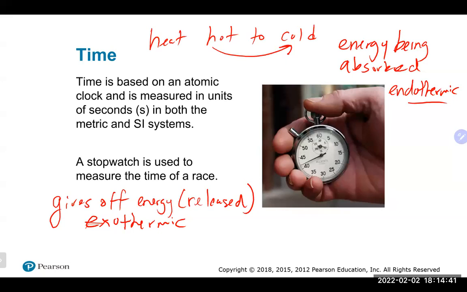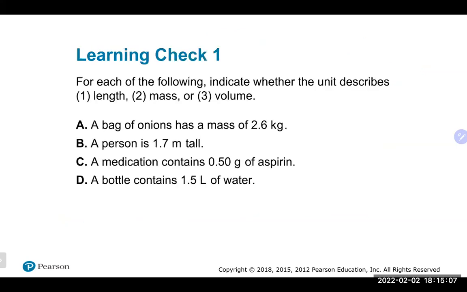If you were doing an experiment, for the most part, we run experiments not for a very long period of time, otherwise we'd be in the lab all day and days. So a lot of times when we do experiments, we measure time in seconds because it's very easy to measure. So again, it's really important to understand when we see units, what they really represent.